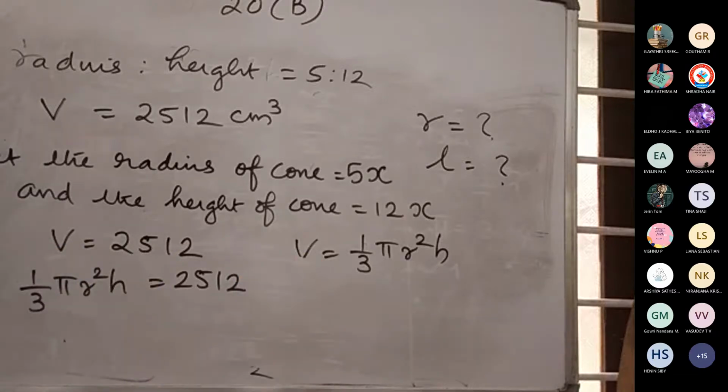Then substitute the value. Take pi is equal to 3.14. It is specified in the question, so you should write the value of pi as 3.14, not 22/7.